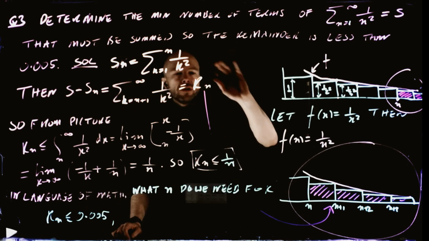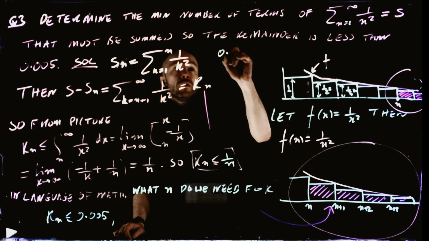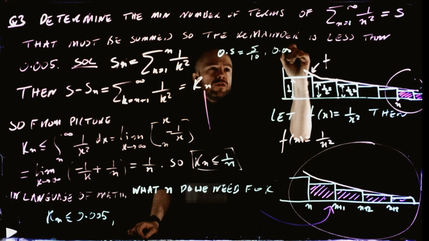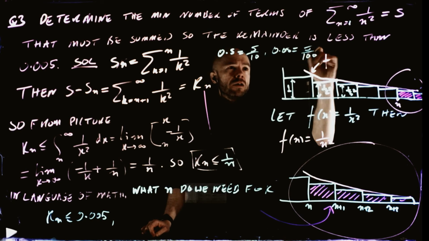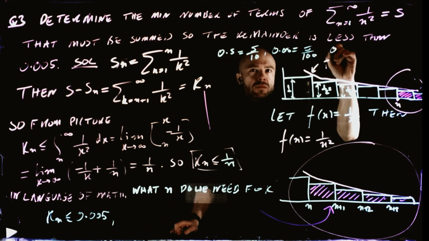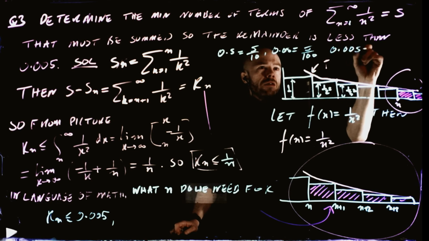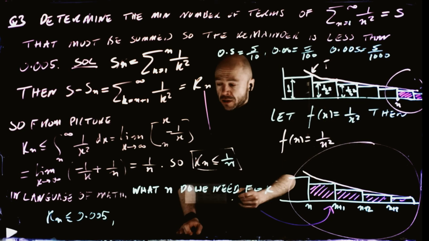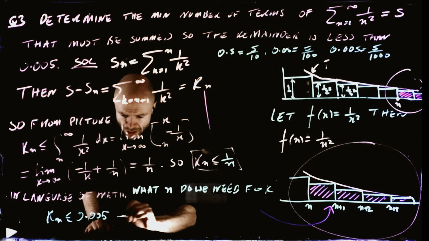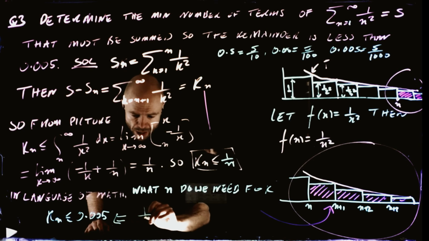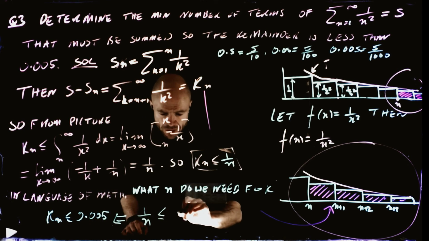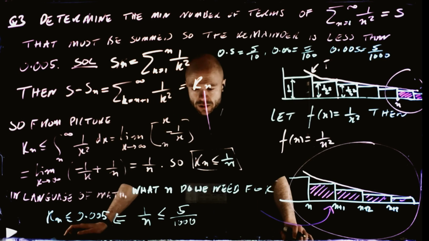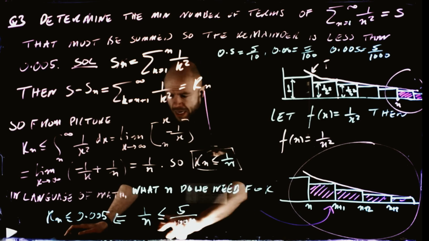Let's think about what 0.005 is. 0.5 is just 5 over 10. 0.05 is 5 over 100. So 0.005 is 5 over 1,000. So we need 1 over n to be less than 5 over 1,000. If we have that, then we have exactly what we want.